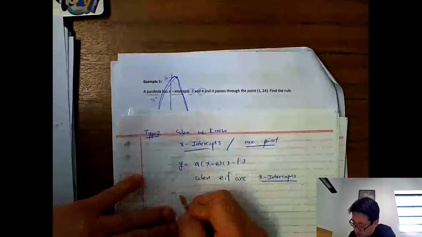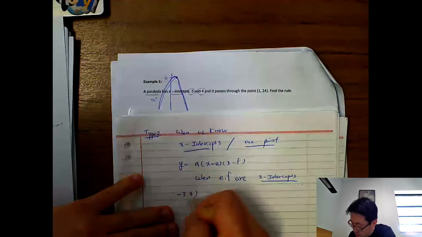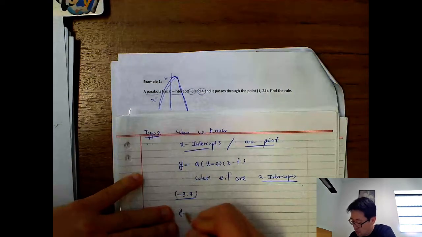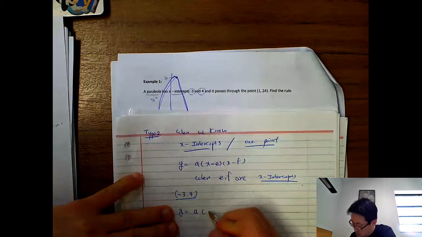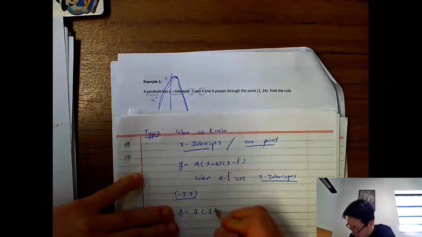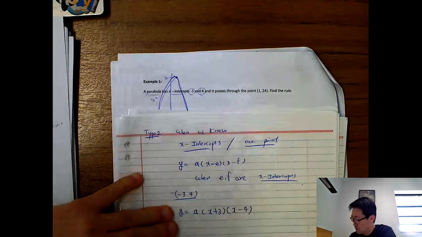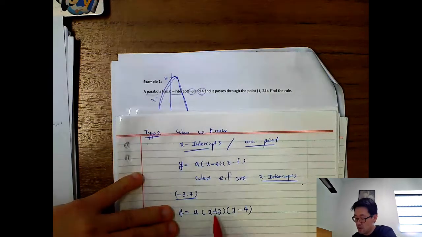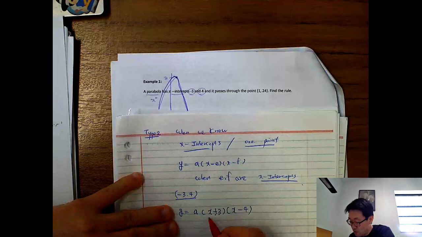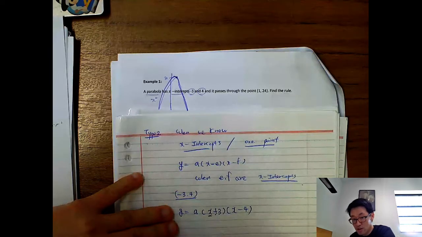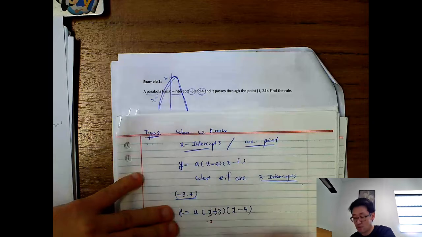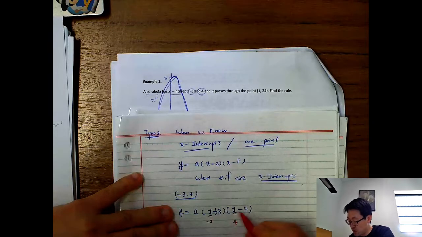So the x-intercepts are minus 3 and 4. Therefore, y equals a, x plus 3, x minus 4. The reason the sign changes is that when x is minus 3, we get 0, and when x is 4, we get 0.